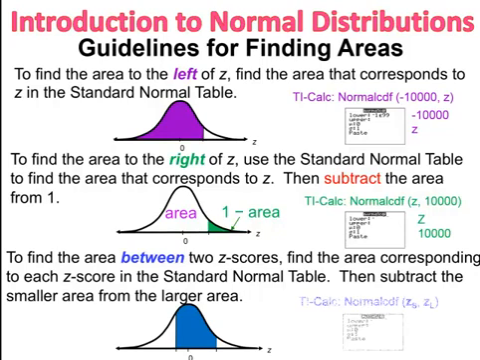Or if you're using the calculator, you always want to make sure that you use the smaller z-score first, and then the larger z-score, and then you would be able to find that area. So the smaller would go in the lower, and the larger would go in the upper. And you keep the mean as 0 and the standard deviation as 1. That's a standard normal distribution.